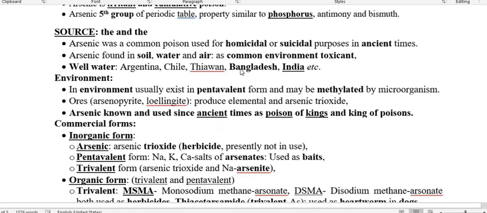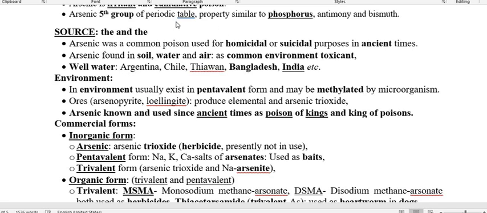So first we have to go through the source. Regarding the source of arsenic, it is found in soil, water, as well as in air.